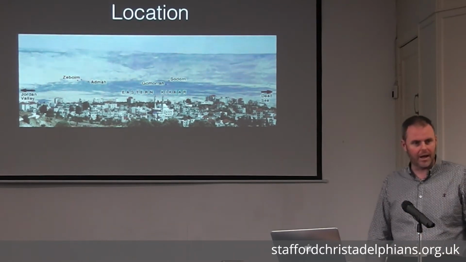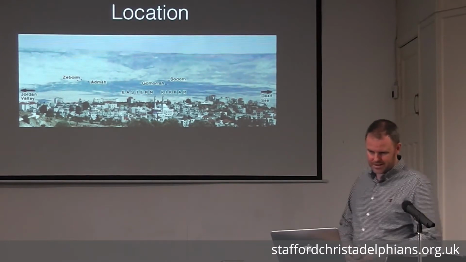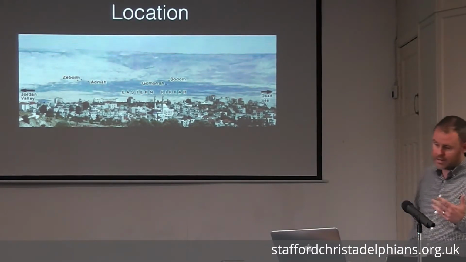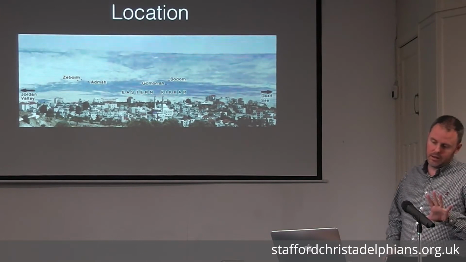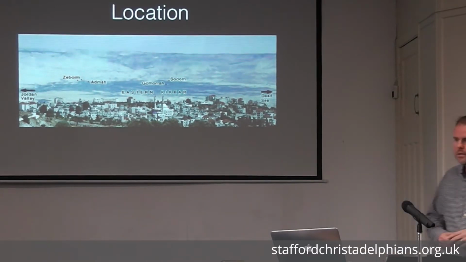So it seems pretty clear from the Bible where we would expect to find these cities. And I guess when we read the names of these cities in Genesis, they're listed in a particular order always, and they would have been listed, we believe, in the order from south to north. So Sodom, Gomorrah, Admah, Zeboim.